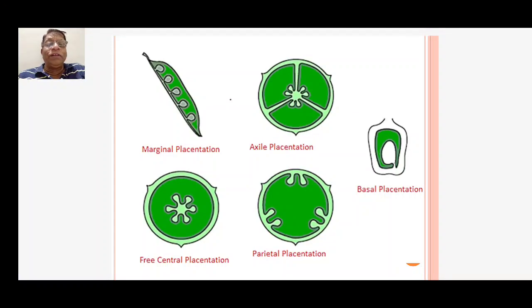Free central, you can see now. The placenta, the light green part, is at the center, to which the ovules are attached. Parietal placentation, you can see now, the ovary is tricarpellary, but it's unilocular.